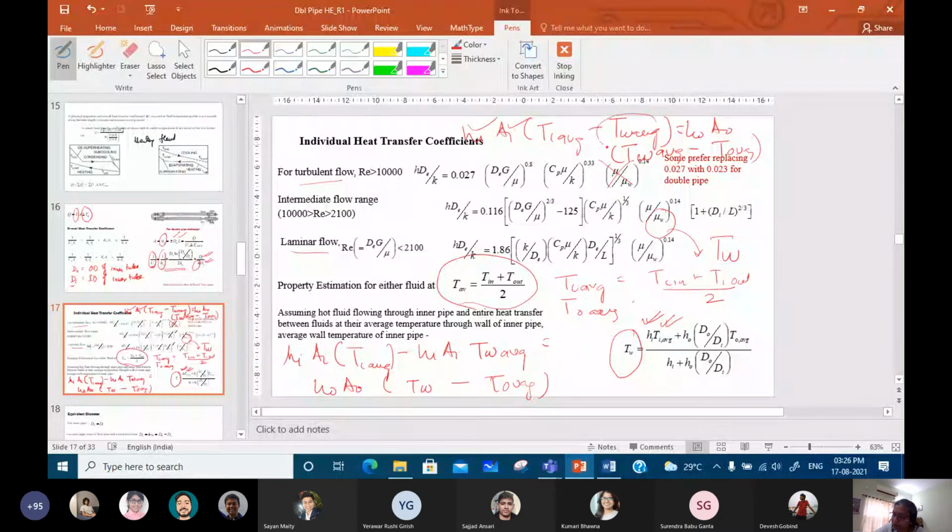You find out the TW average. Then with that TW average, you find out the mu W, and incorporate the viscosity correction factor both for the shell side fluid as well as the tube side fluid. Then you calculate HI and HO and calculate U and find out how much different it is. Normally, within 1 or 2 iterations, the process is fine, right?